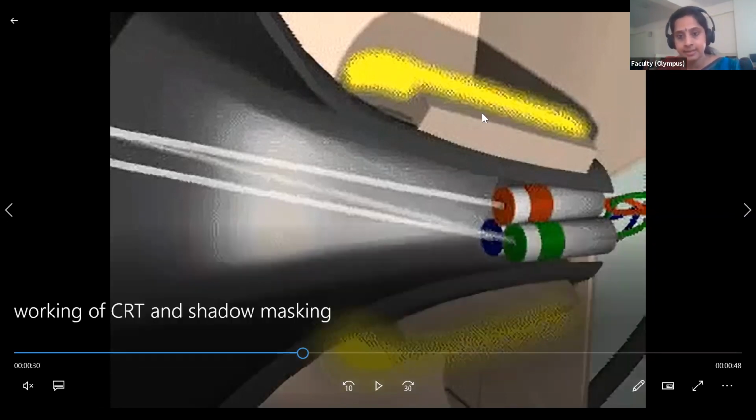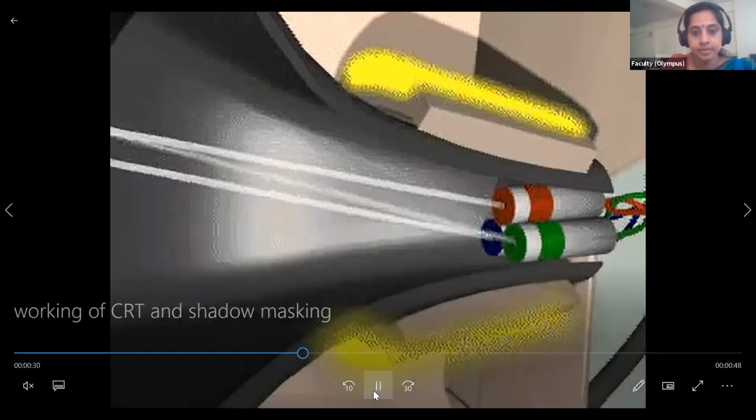With the help of the magnetic field. Say this is a magnetic field. All the magnetic fields will be on four sides. One will move the beam horizontally when it is charged, and the other will move it vertically. So because of this magnetic field, the beam will move all over the screen.